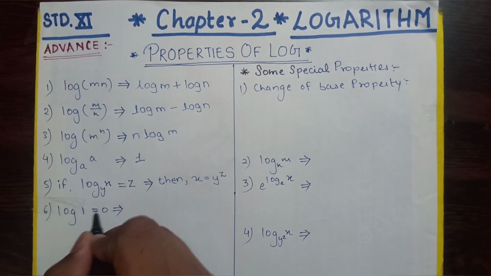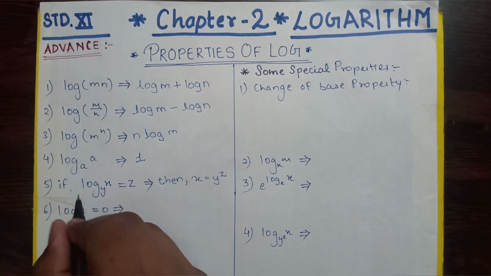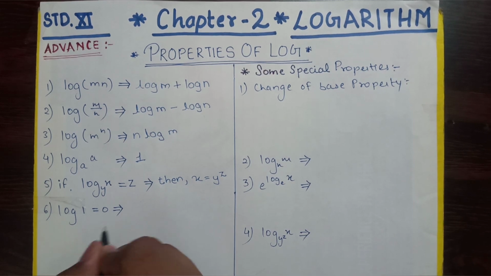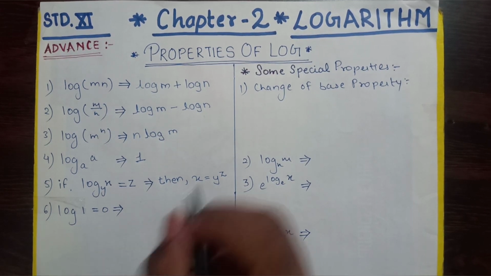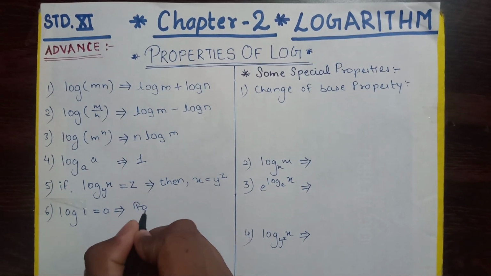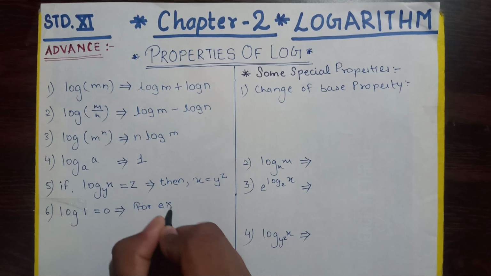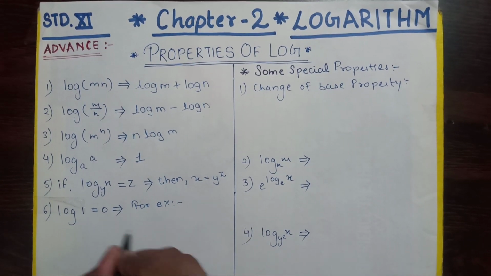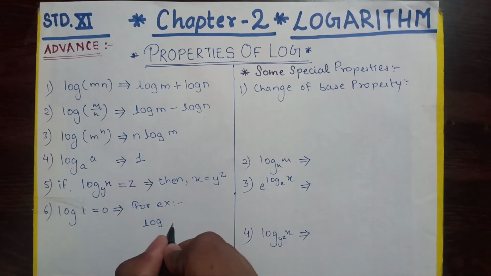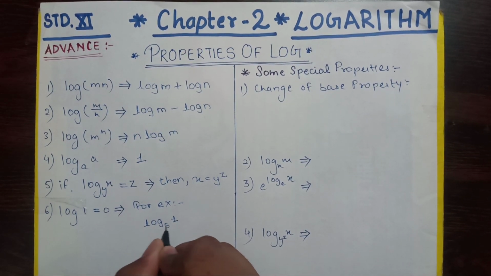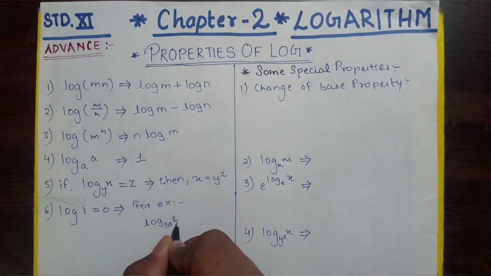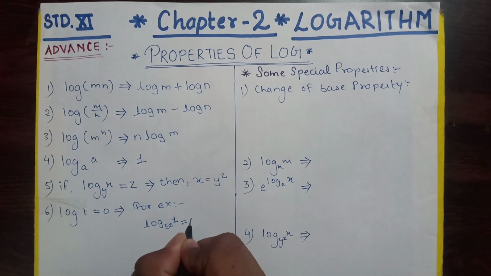Now moving forward, we have our sixth property, which is log 1 equals 0. Let me give you a few examples. Suppose we have log 1 to the base 50; we have 1 at the number's place, so we write it as 0.